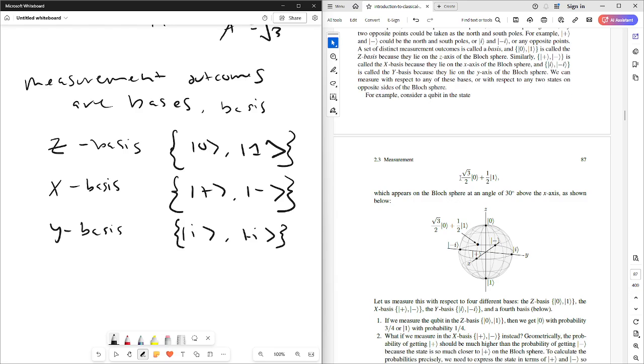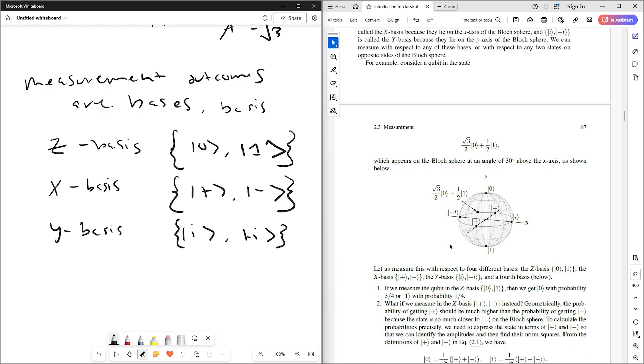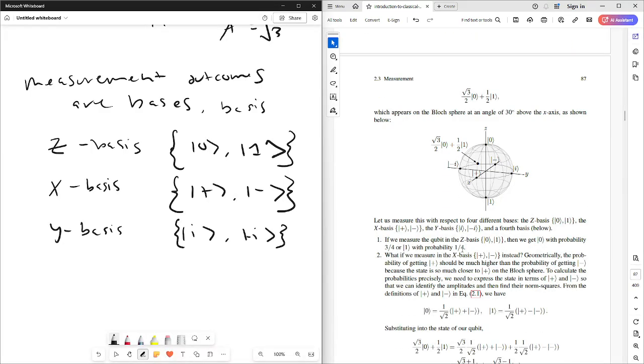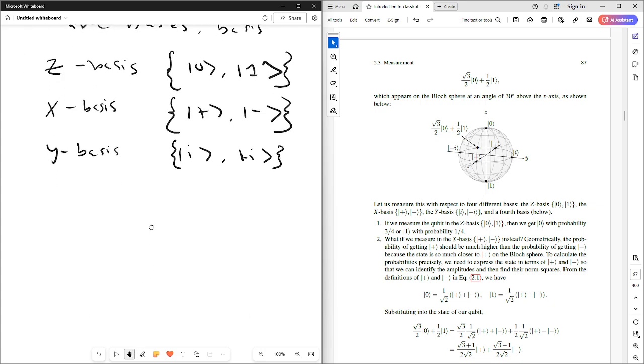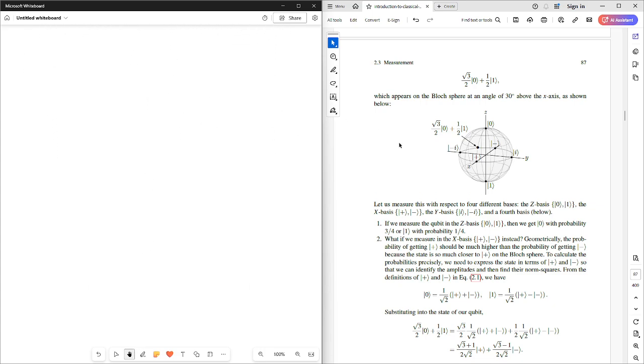So with this example here, we can measure in any different type of basis that we choose. So let's work through this example that they give us, which is square root of 3 over 2 |0> plus 1/2 |1>.